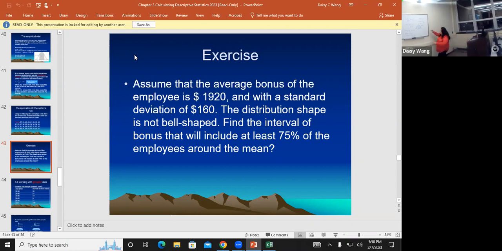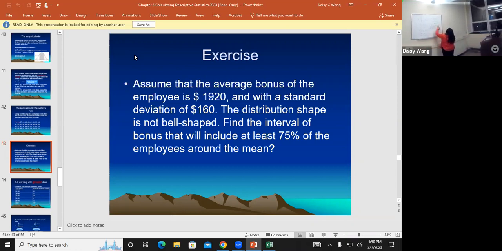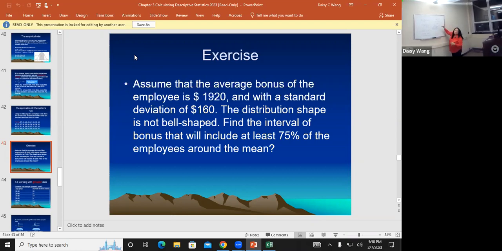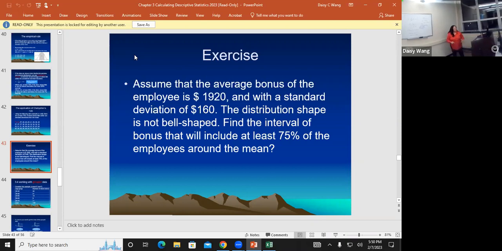Yes, that's right, 2,400. So when the range is bigger, this range should have at least 89% of the employees. Does it make sense?